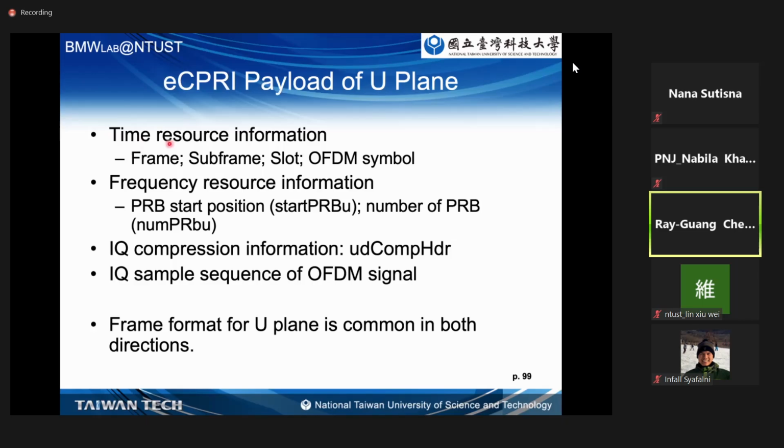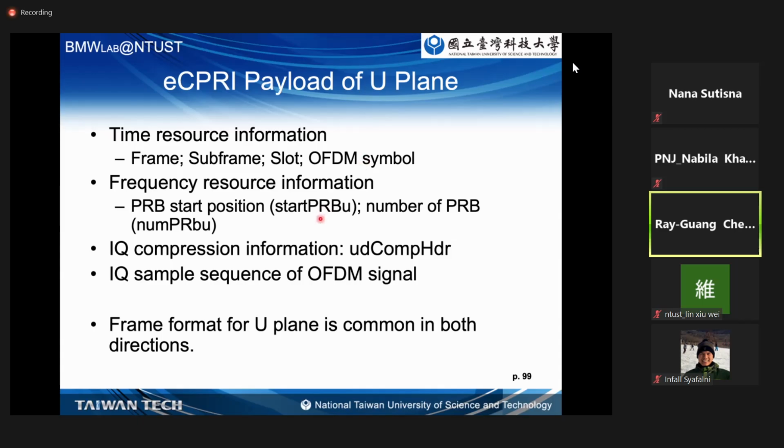For time resource information, they will specify frame, subframe, slot, and OFDM symbol. Okay, so you can use time resource information to know this is the OFDM symbol for which slot in which subframe during which frame. For frequency resource information, they will show you the start position of the OFDM symbol.